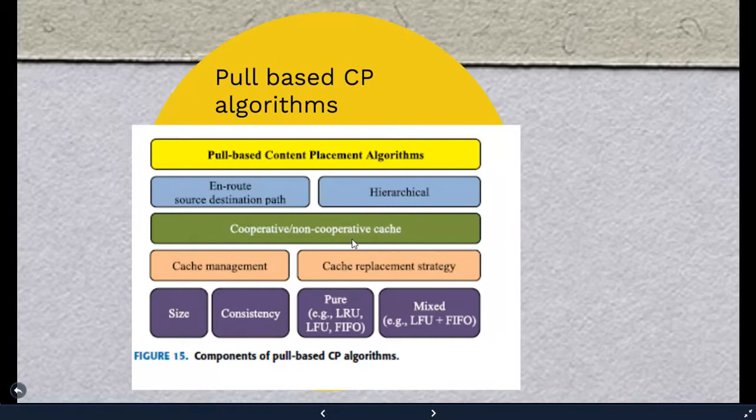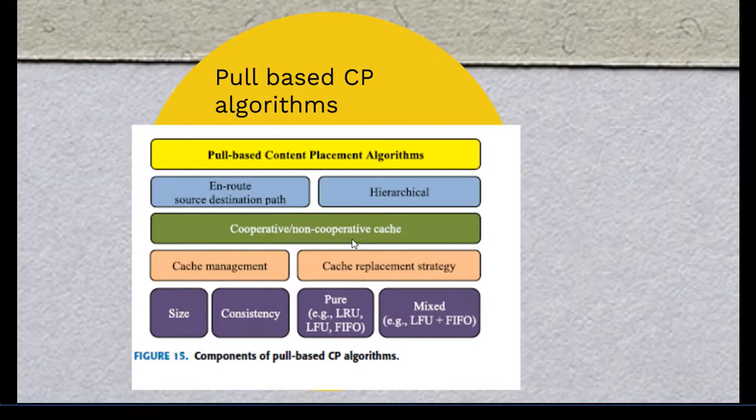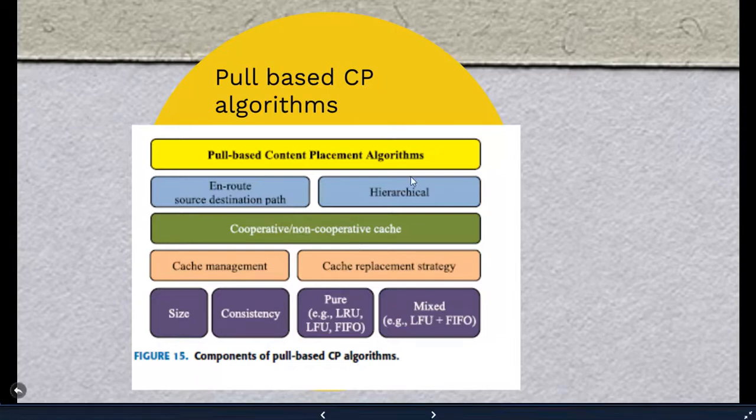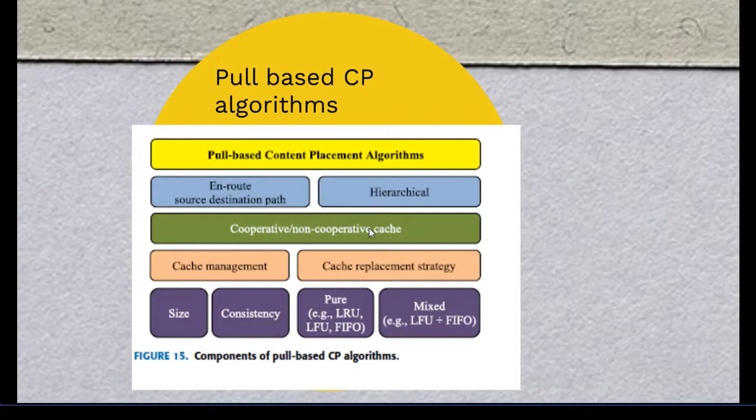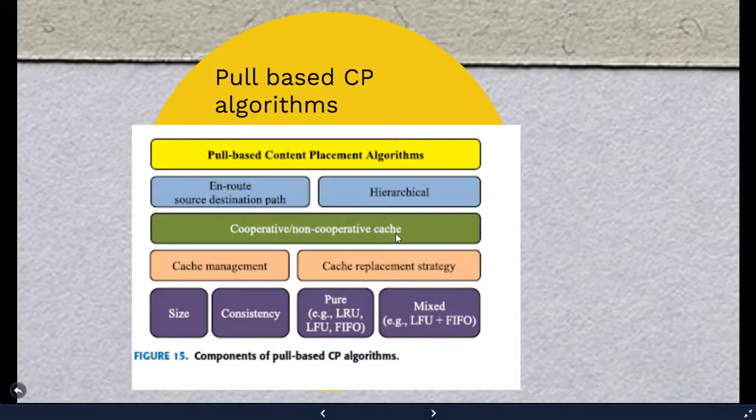A cooperative cache is one where the cache treats items by utility, so if a new item has to be inserted in the cache and it has greater utility, then it's inserted. If it does not have greater relevancy or utility, it's not inserted. Whereas in a non-cooperative cache, every item is treated with the same utility.